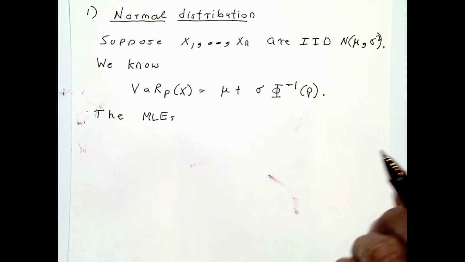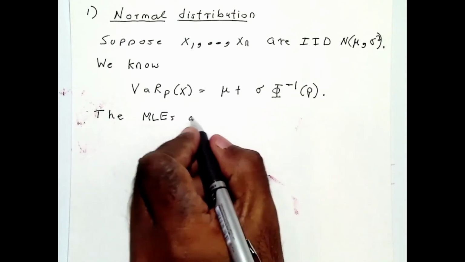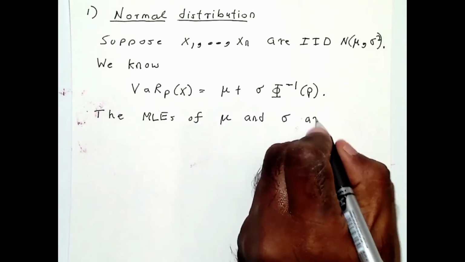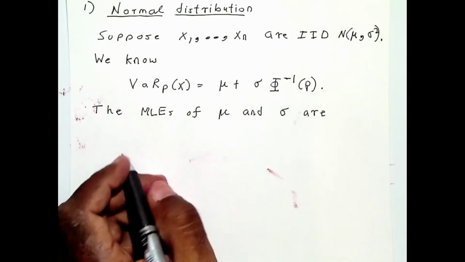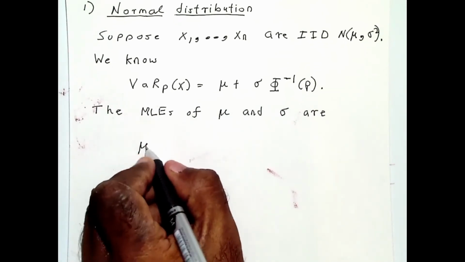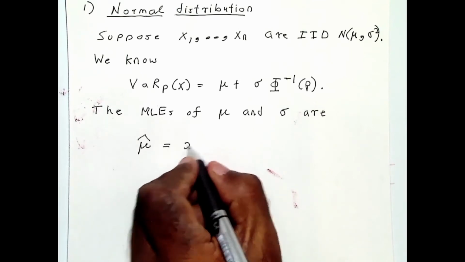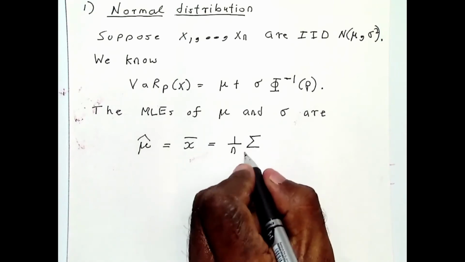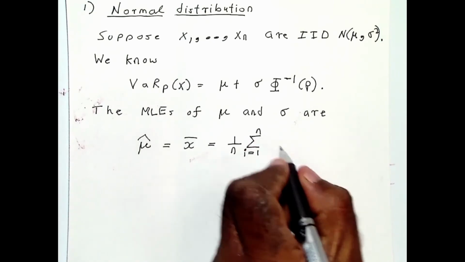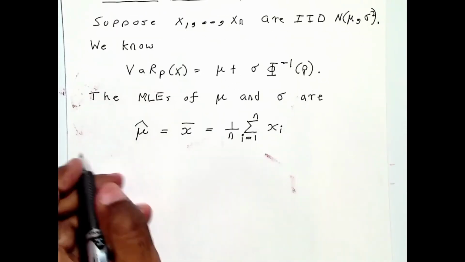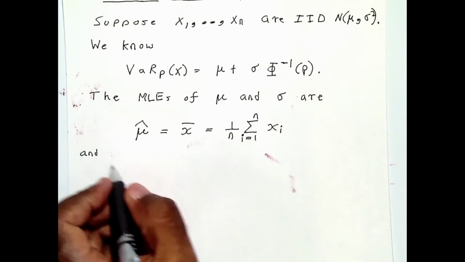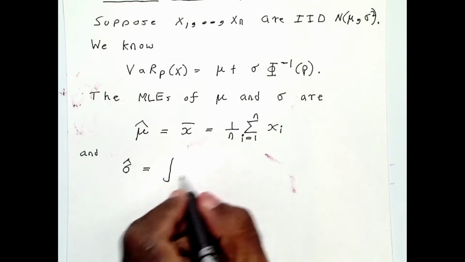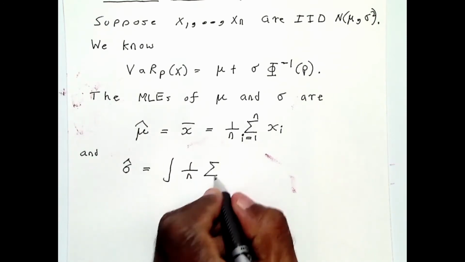The MLEs, the maximum likelihood estimators of mu and sigma, are as follows. You should remember from year 2 that the estimator for mu is simply the sample mean. And the estimator for sigma hat is simply equal to this.